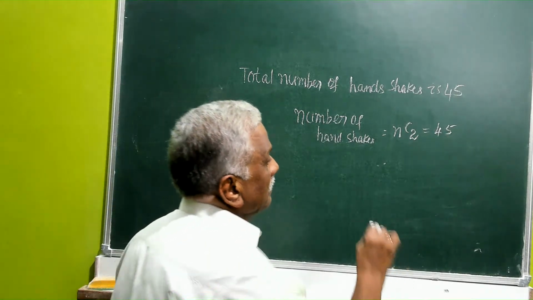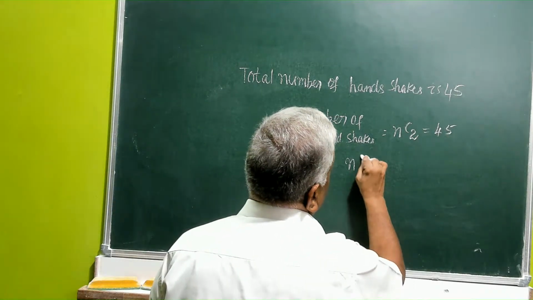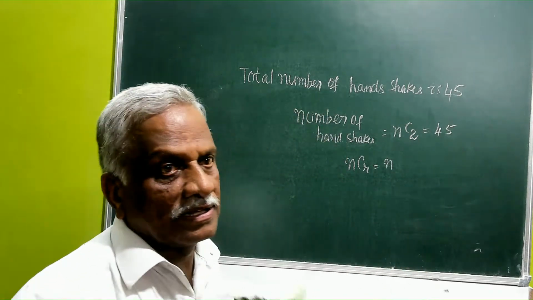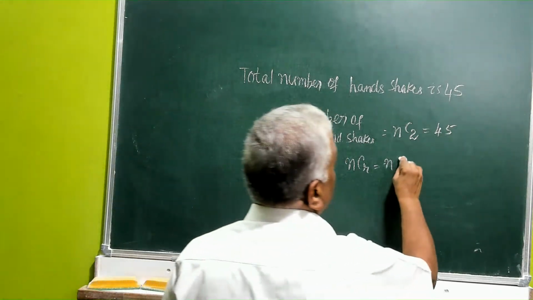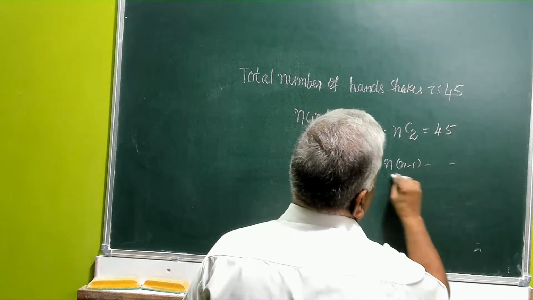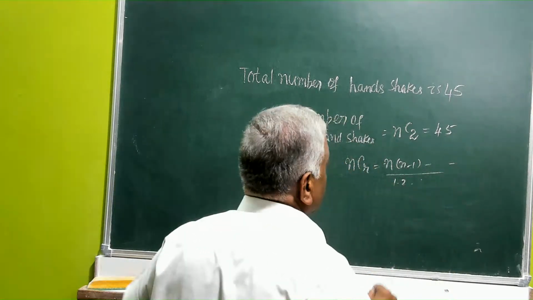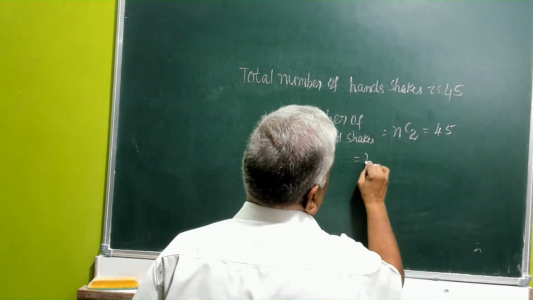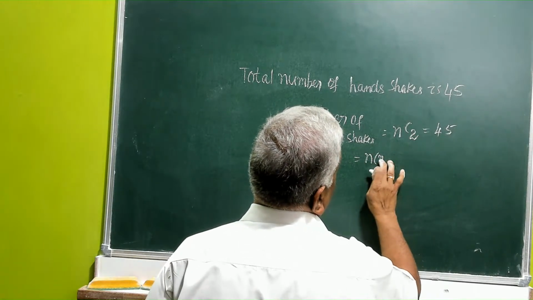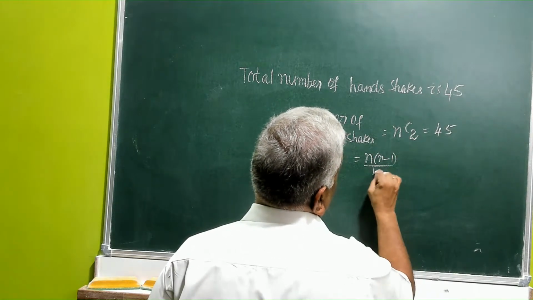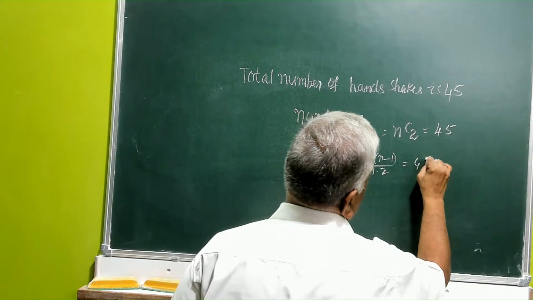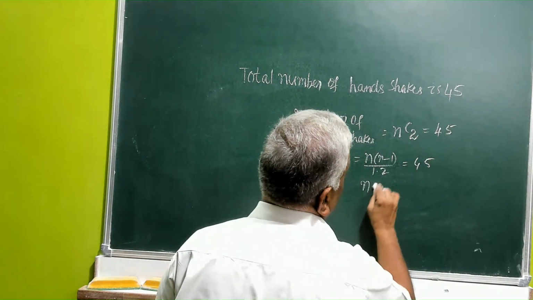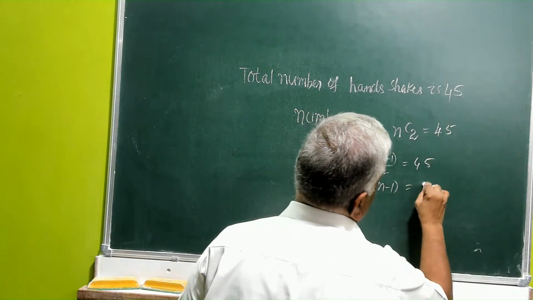What is nC2 that you should remember? What is nCr? n into n minus 1 etc. divided by 1 into 2 into 3. So what is nC2? Write two terms backwards. n into n minus 1 divided by 1 into 2 is equal to 45. So n into n minus 1 is equal to 90.